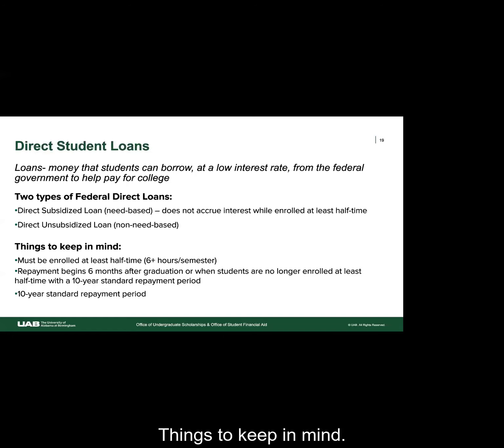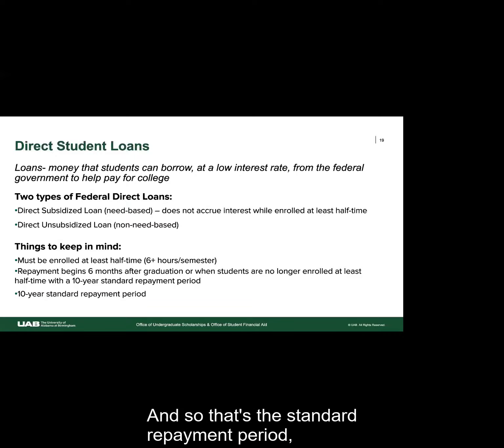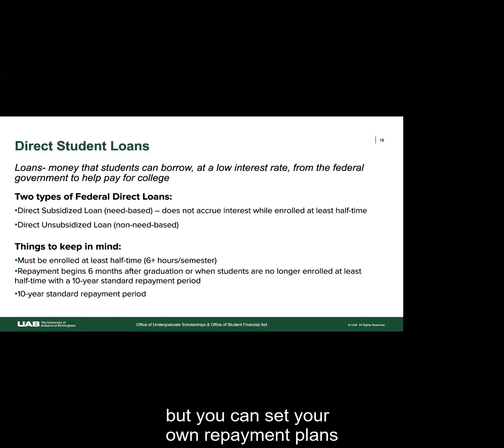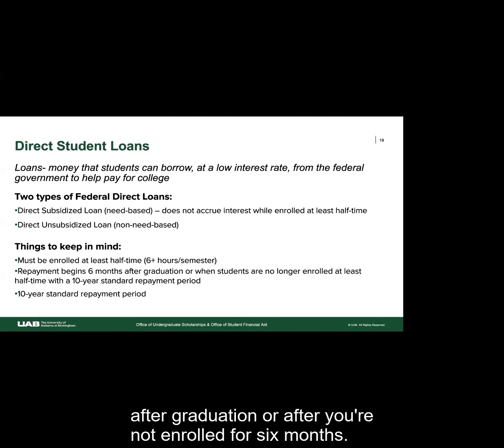Things to keep in mind, you must be enrolled at least half-time, so that's 6+ hours a semester. Repayment begins 6 months after graduation or when students are no longer enrolled at least half-time, with a 10-year standard repayment period. That's the standard, but you can set your own repayment plans after graduation or after you're not enrolled for 6 months.